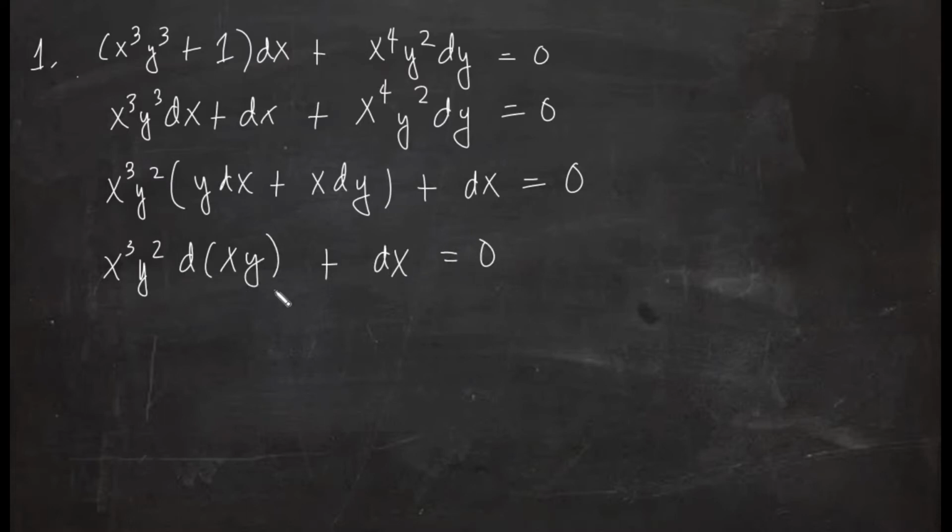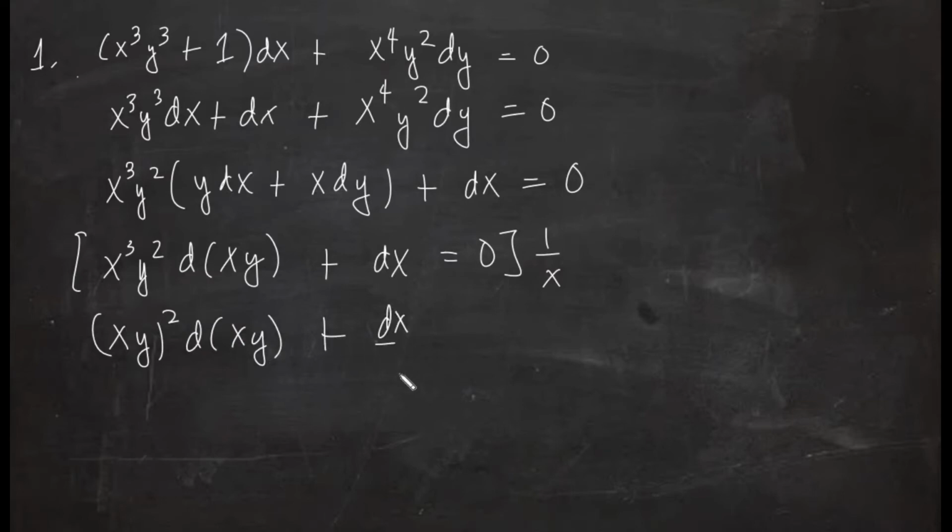So what will we do in order to simplify the equation in order for us to solve? Observe that if I multiply by 1 over x, this will now become xy squared times the differential of xy plus dx over x is equal to 0. Now this can be integrated. The first term being a power formula for integration, u raised to n du.